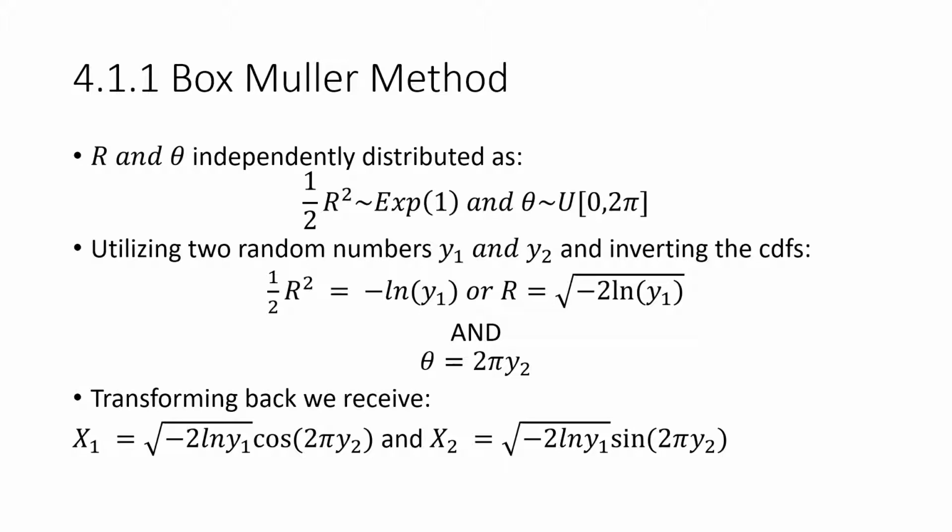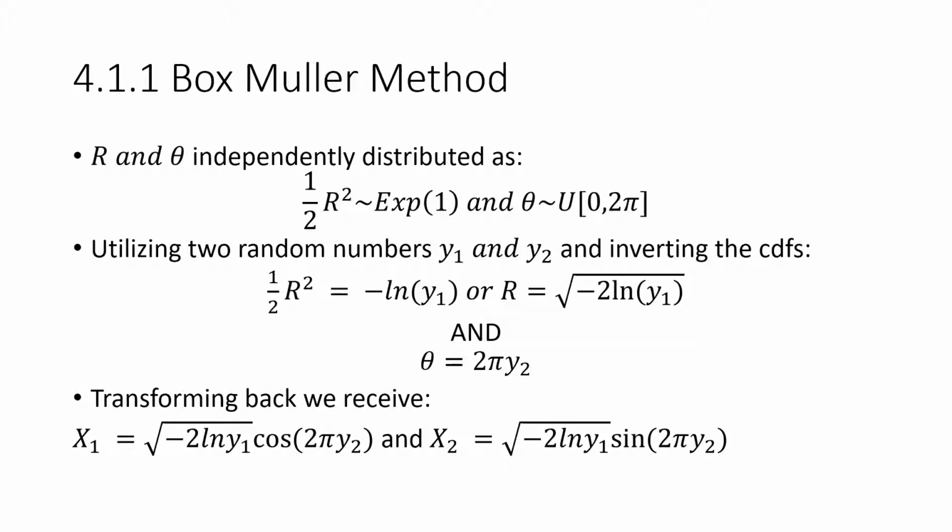So we're going to use two random numbers, y1 and y2, as I have put on there, and invert the CDFs very much like before in order to obtain our random variates using the Box-Muller method. When we do that, you can see we get the results on the screen: r equaling the square root of -2 times the natural log of our random variable 1, and theta being 2 pi times the random variable that we generated for the second one.